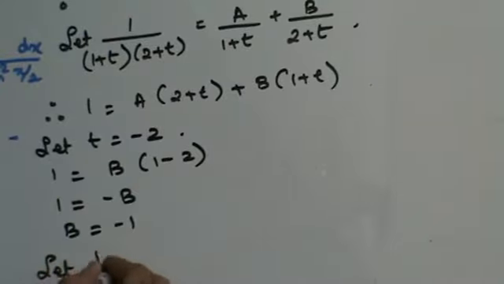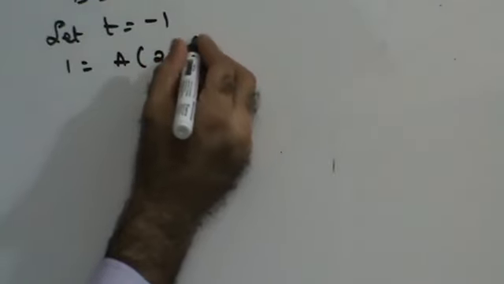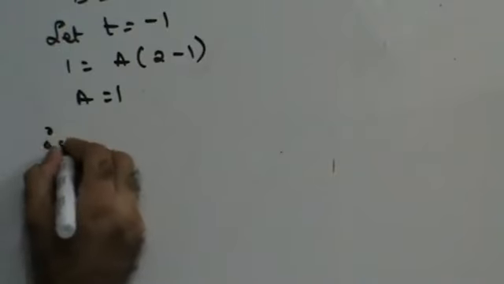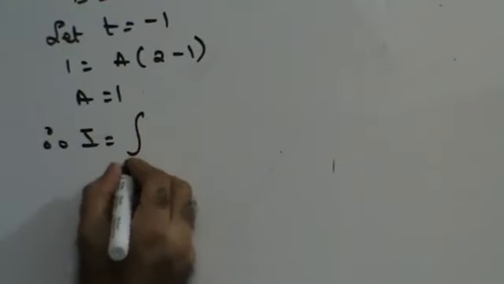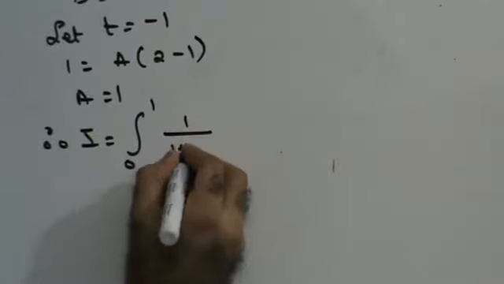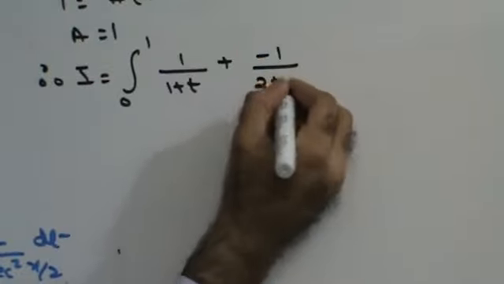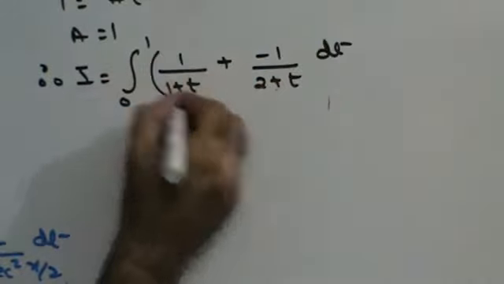Let t be equal to minus 1, I am trying to make the second bracket 0. So you will get 1 is equal to a into (2 minus 1), so a is equal to 1. Therefore I can say that I is the integral from 0 to 1 of 1 upon 1 plus t plus minus 1 upon 2 plus t dt.